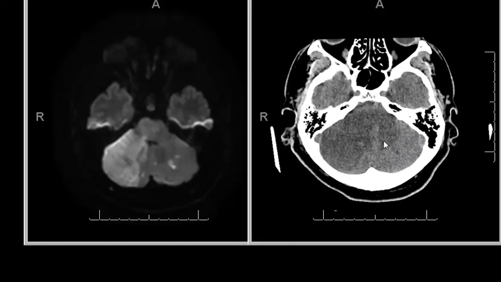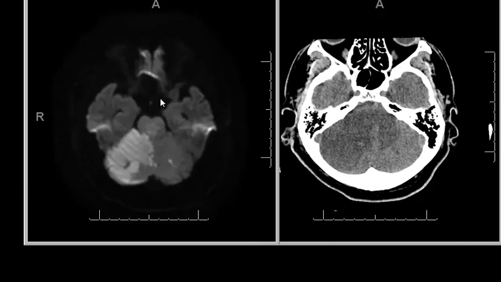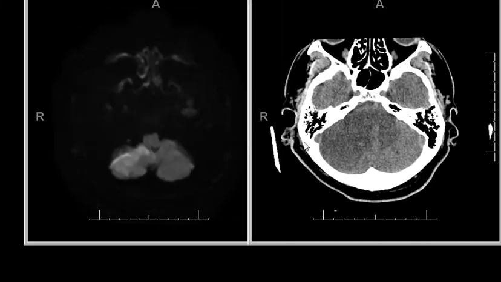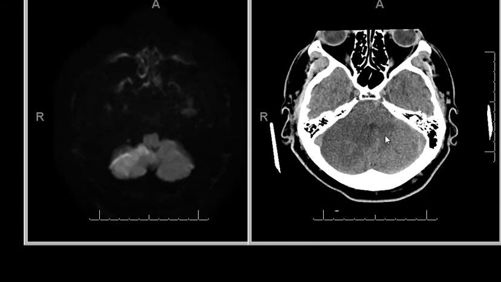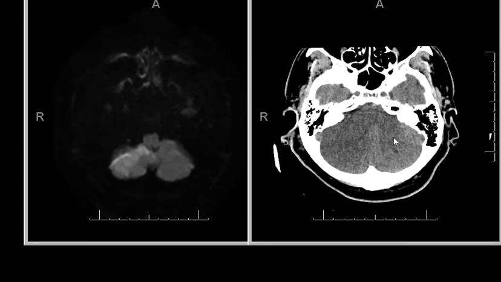Probably the stroke had extended to the left side more than on the MRI, which was about 12 hours earlier. So even with clearing out the basilar artery, the stroke evolved.